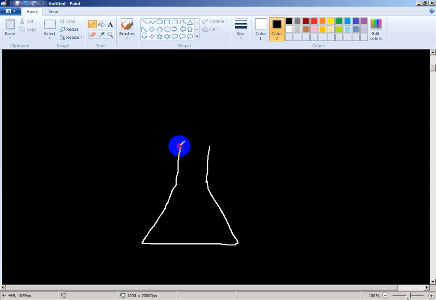Here is a cork, because the cork doesn't let the gas escape. Here is the hydrogen peroxide solution, 100 cubic centimeter.